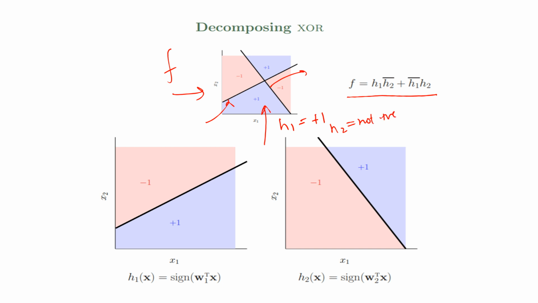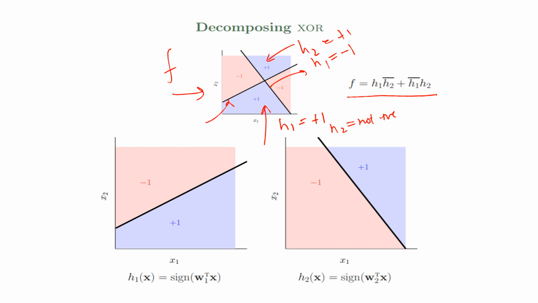This is what this region is representing. Now, similar to that, what is this region representing? This region is representing when my H2 is positive, let's say +1, but my H1 is not positive, or it's -1, right?